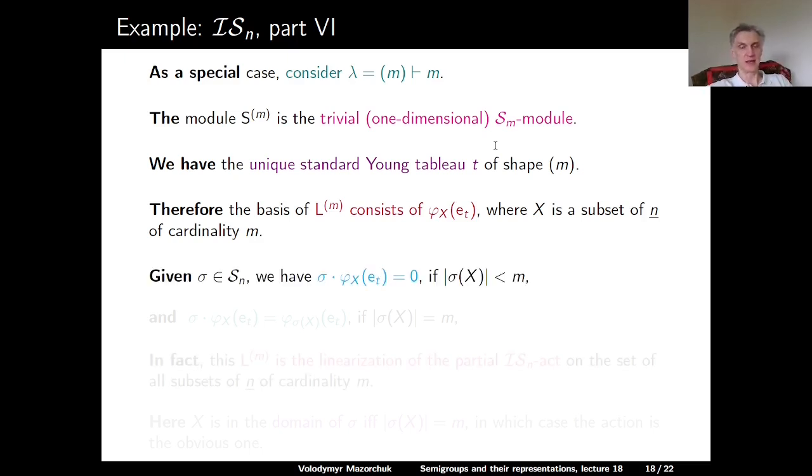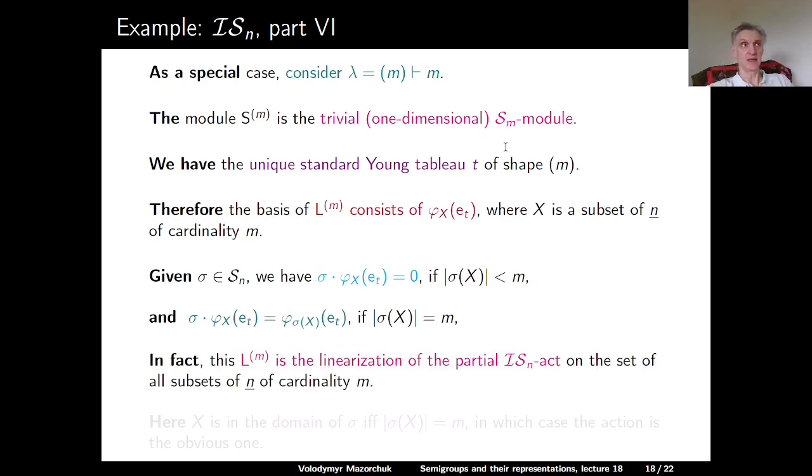So given sigma in S_n, sigma applied to such a basis element outputs 0 if sigma of X has less than m elements. Otherwise, it outputs a similar element phi_{sigma(X)} e_t if sigma of X has exactly m elements. In fact, in this particular case, our module L^(m) is the linearization of the partial IS_n action on the set of all subsets of n underlined of cardinality m.